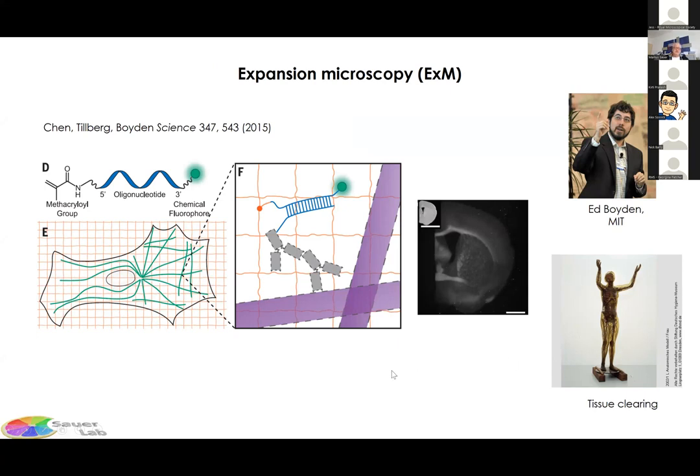By changing the protocols of these clearing methods, Ed achieved that samples can be expanded after gelation. What you first have to do is link your protein of interest into a charged polyacrylamide gel. Then you digest or destroy the intermolecular interactions in this sample, in this cell.